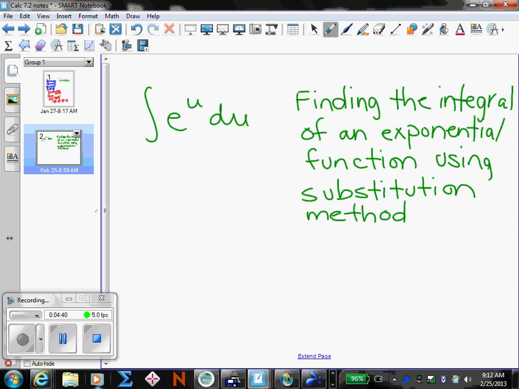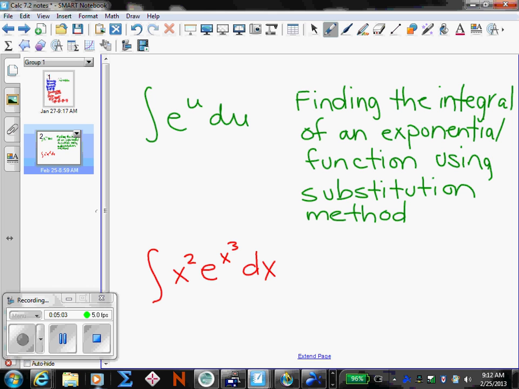There are going to be a couple of different types of problems that you're going to run across using the integral of e to the u. The first type is if there is just one e in the problem. So let's say it's x squared e raised to the x cubed.